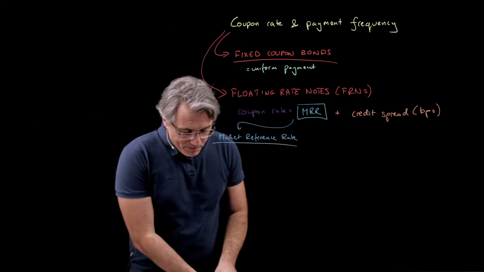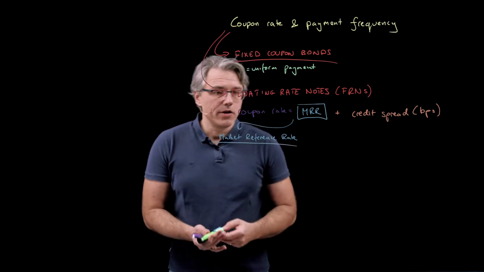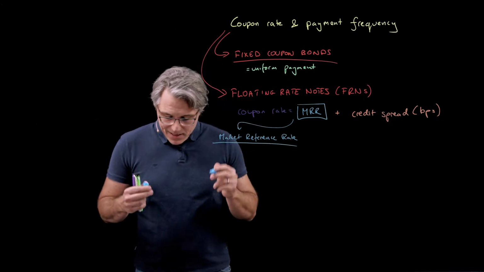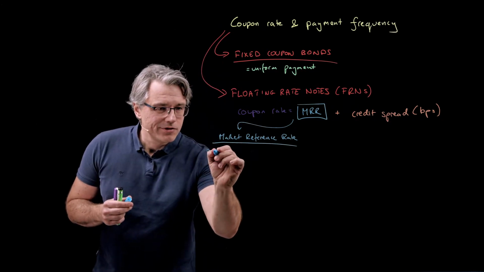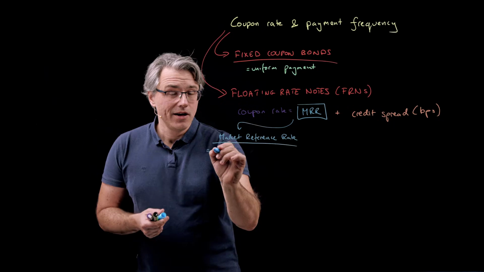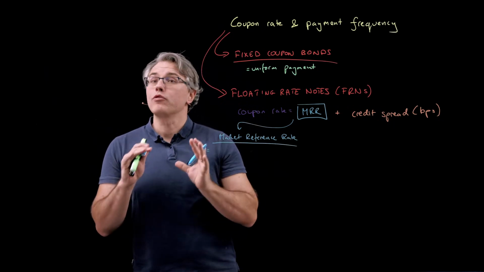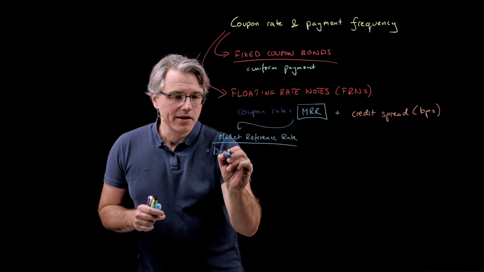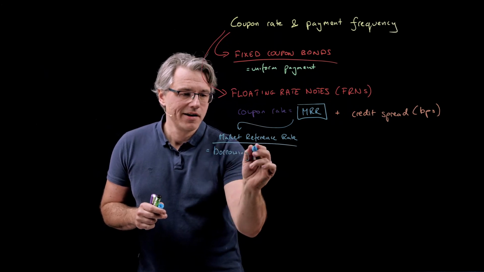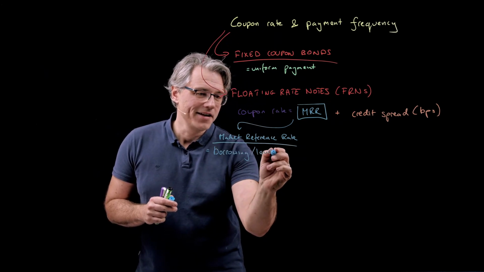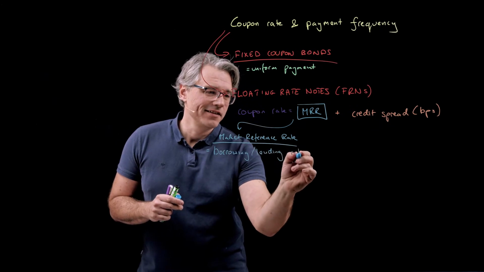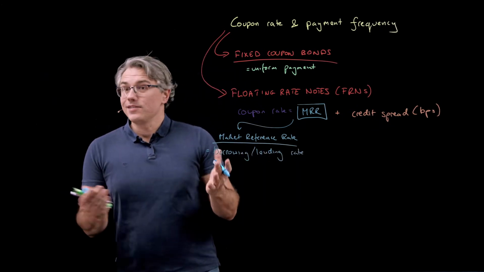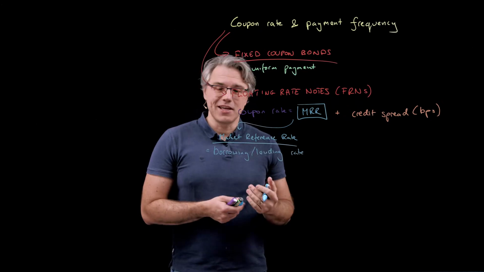Now, the MRR, the first component, the market reference rate, is equal to the rate at which top quality borrowers borrow money. So this is the borrowing/lending rate. Borrowing and lending are two sides of the same relationship, the same debt relationship.